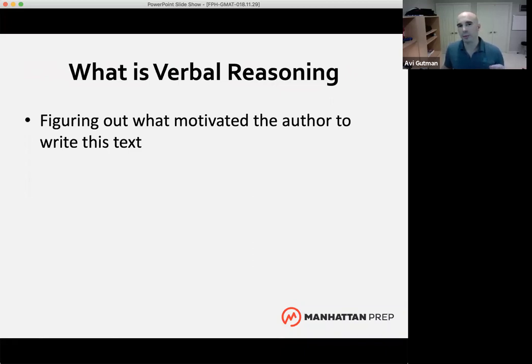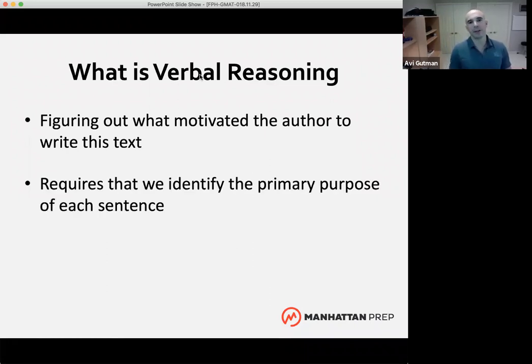Sentence correction is where people really don't think about what motivated the author to write the sentence, and I think if we do consider that, that can really help us speed up and improve our accuracy. So that's what I think verbal reasoning is, and of course we'll explore today how that can be useful in sentence correction.